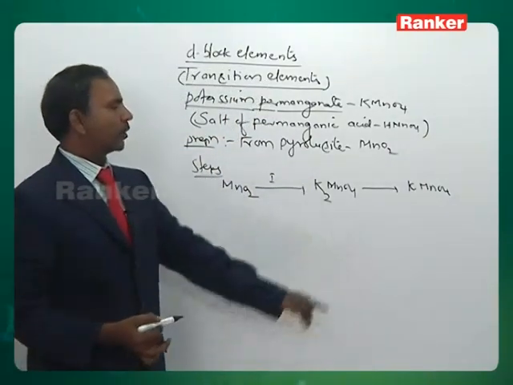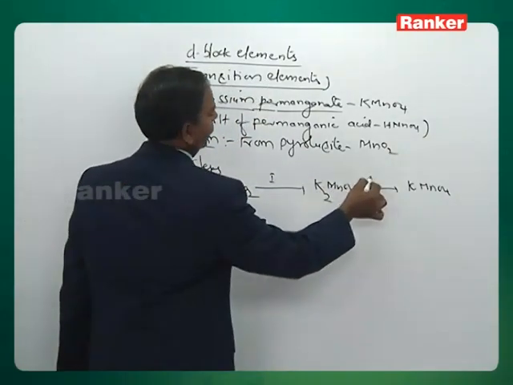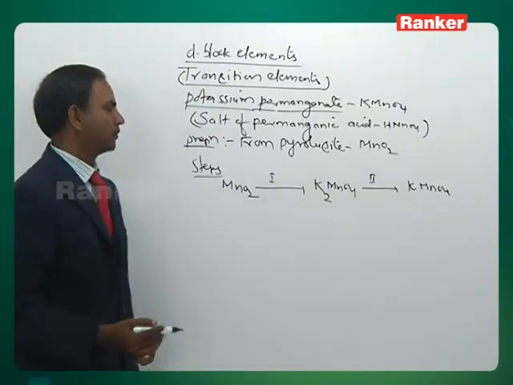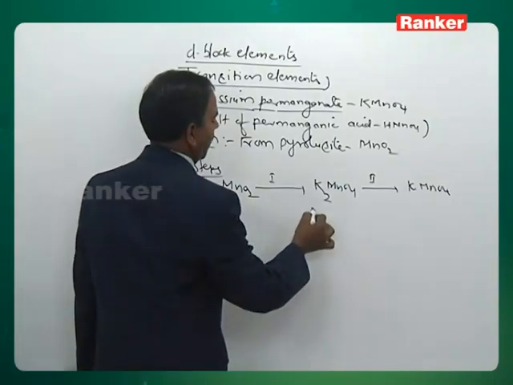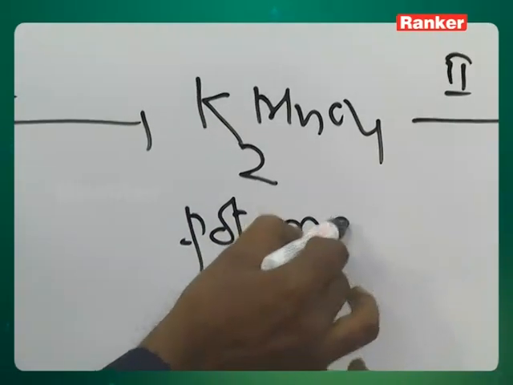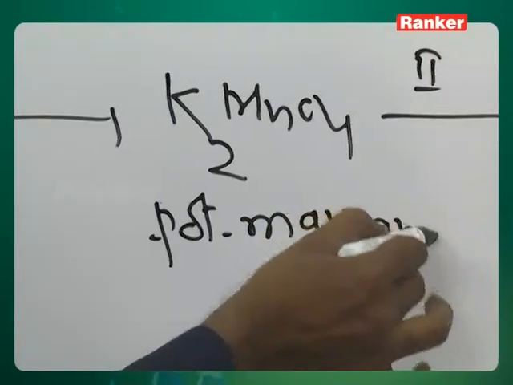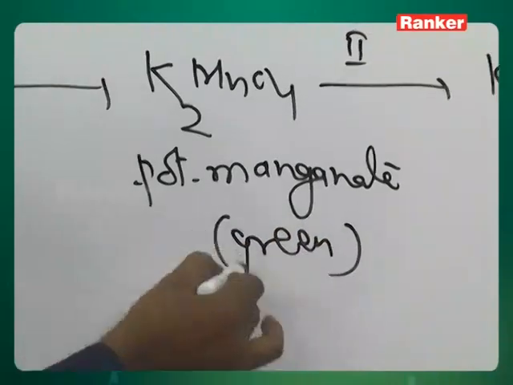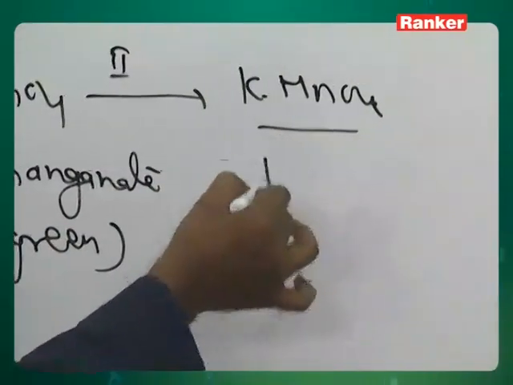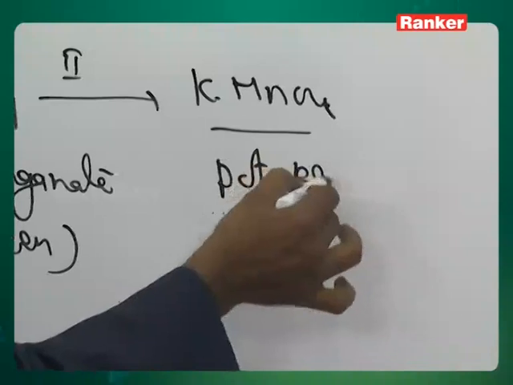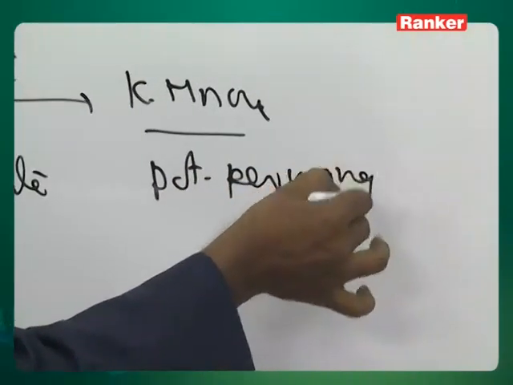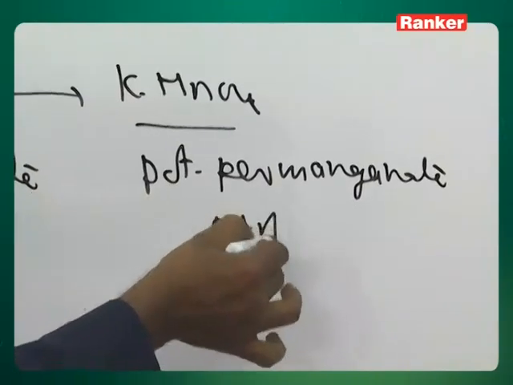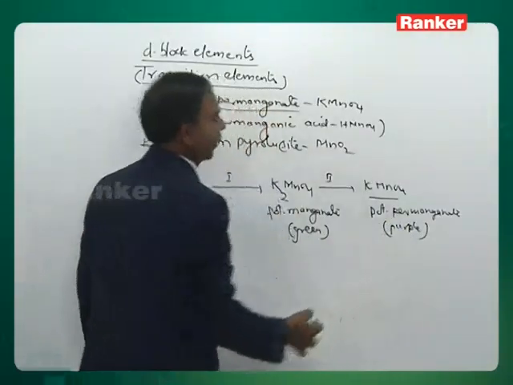Potassium manganate is actually green in color. Potassium permanganate is purple in color.